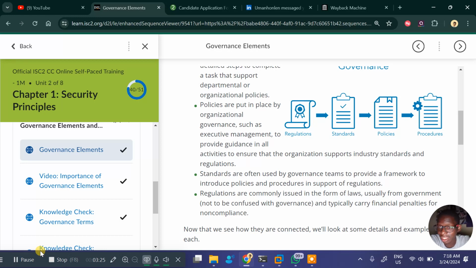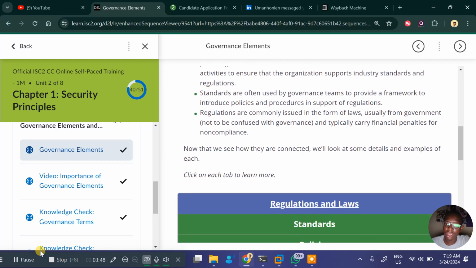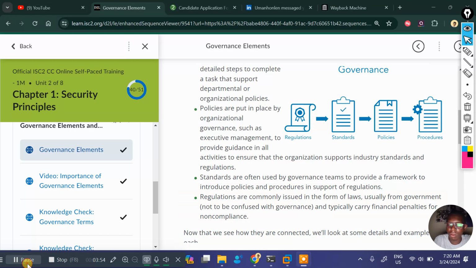The government dictates those things. So government law is usually above policies, standards, and procedures. Now, if that is up for argument, you let me know in the comments. It's just what I think. So, yes, government laws and regulations, and those are commonly in forms of laws and all of that. So that's good. We are good on that.